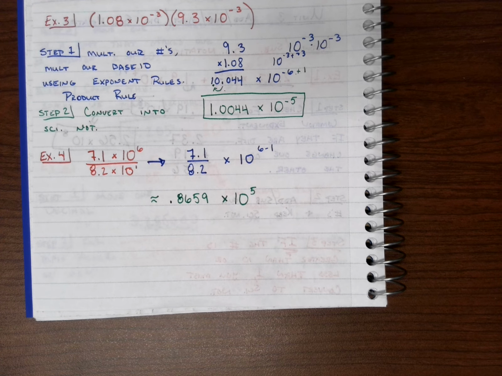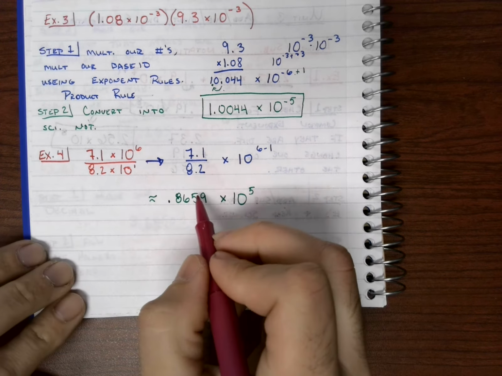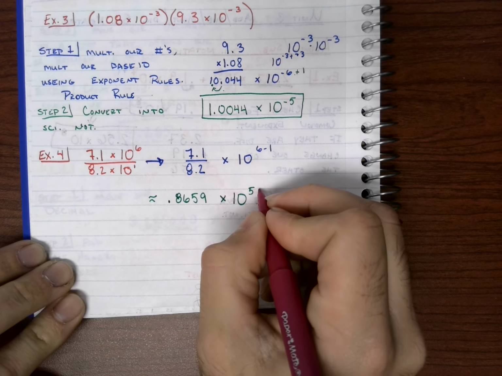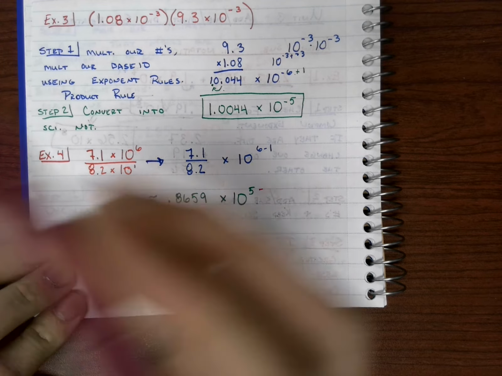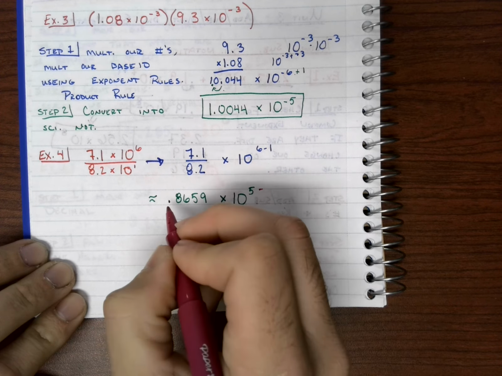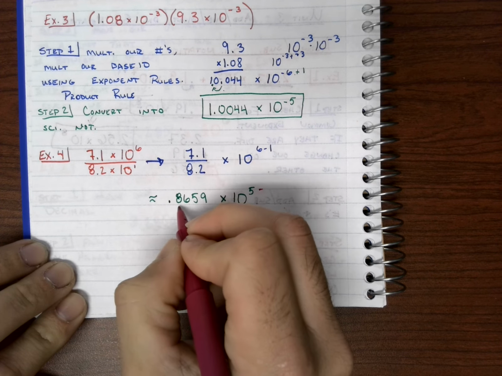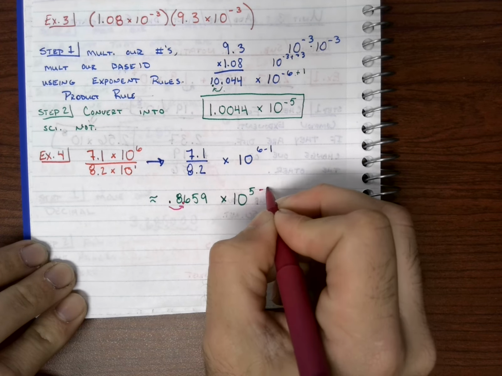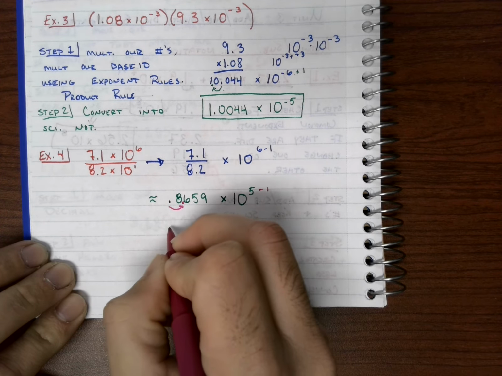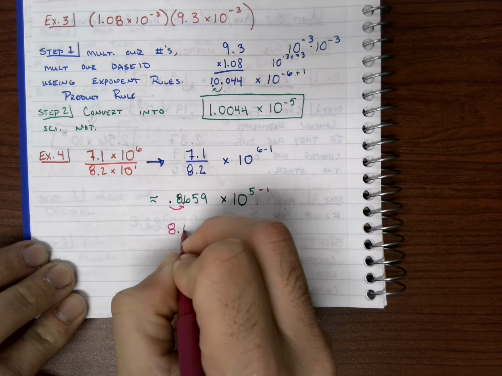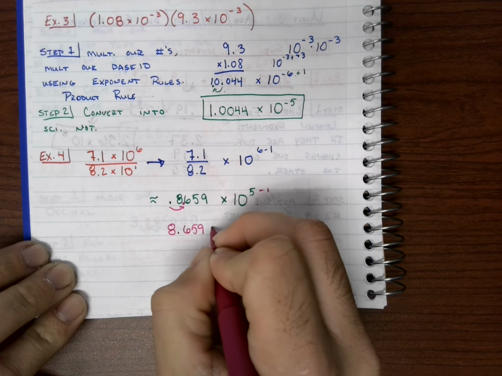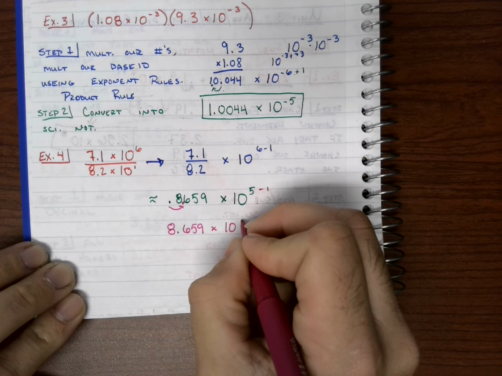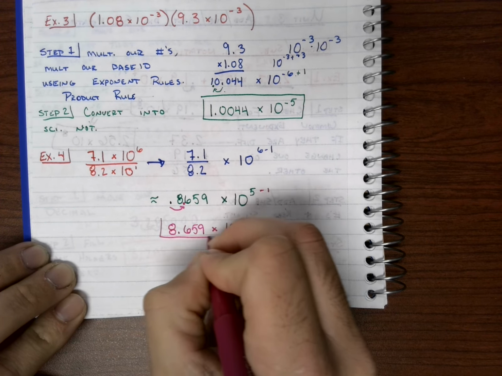Now, one thing to remember, this number is smaller than 1, which means your exponent would be negative, so we subtract up here how many places we moved it. I moved it 1 space, so we're going to subtract 1. So my new number here is 8.659 times 10 to the, what's 5 minus 1? 4. 10 to the 4th. And that would be your final answer.